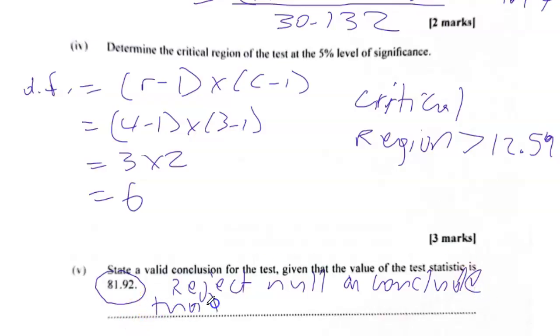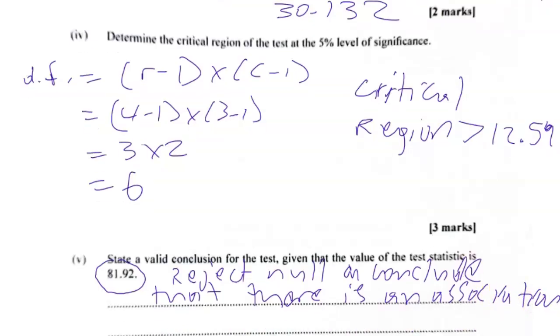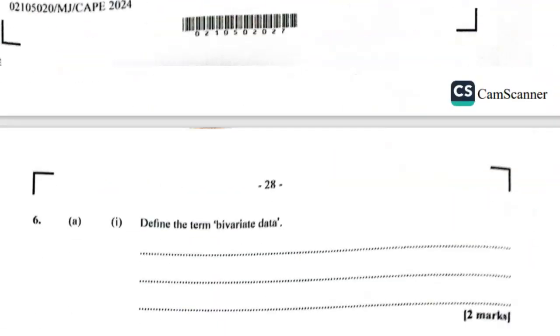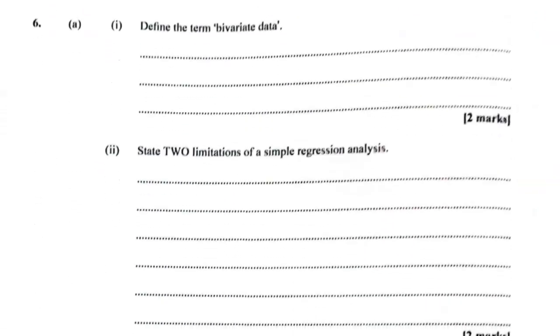And the alternate is that there is an association between the age of the voter and the candidate preference. Let's move on to the final question.